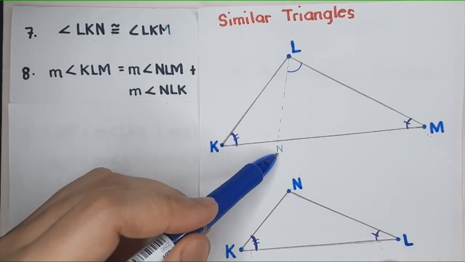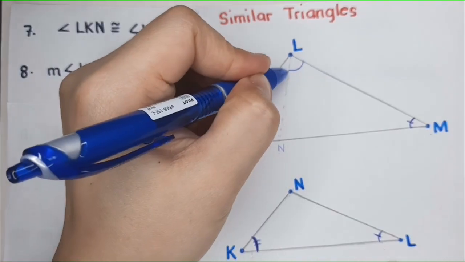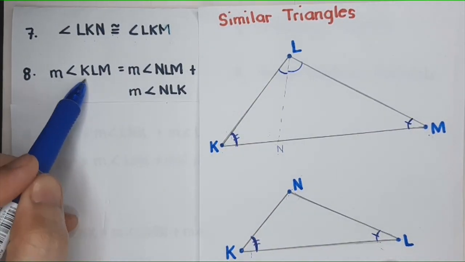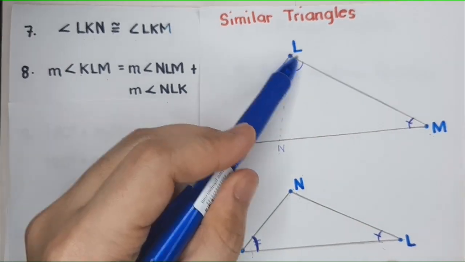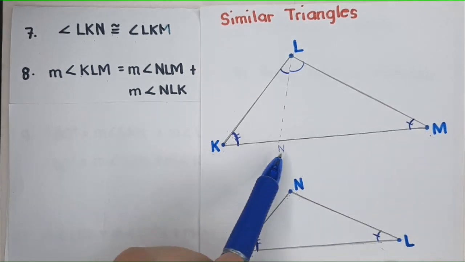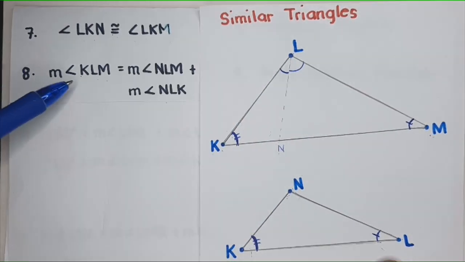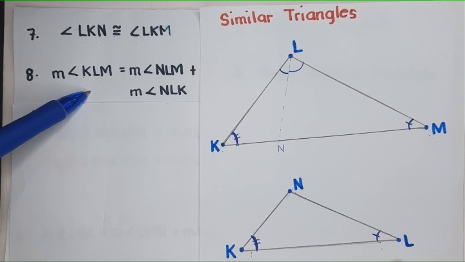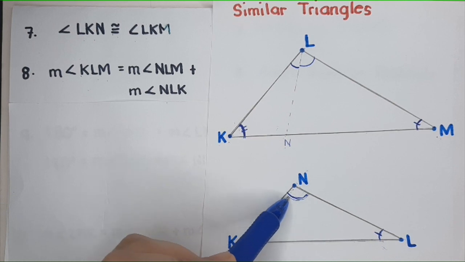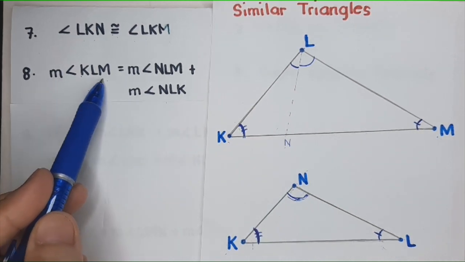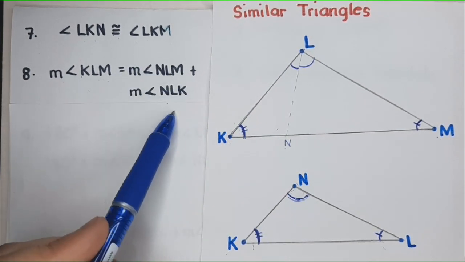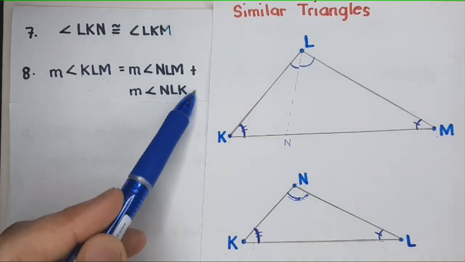Where is NLK? Here. That's correct, because angle KLM is equal to NLM plus NLK. This is justified by the angle addition postulate. So now we prove that the measure of this angle is equal to the measure of angle KLM.